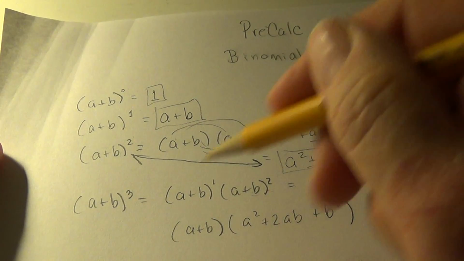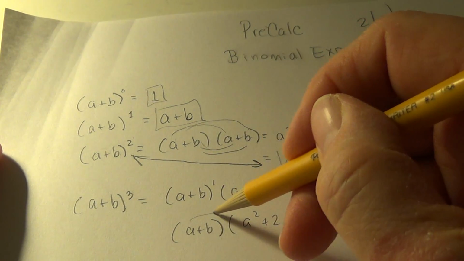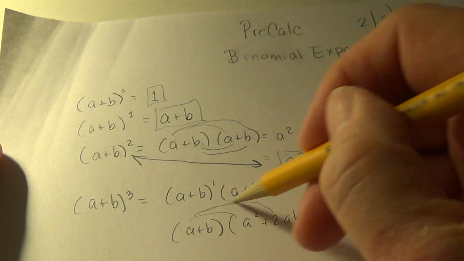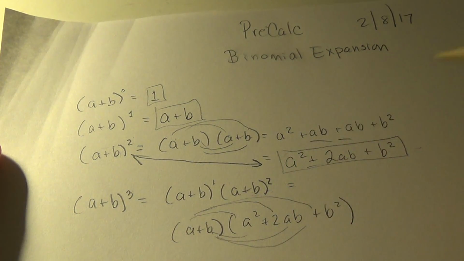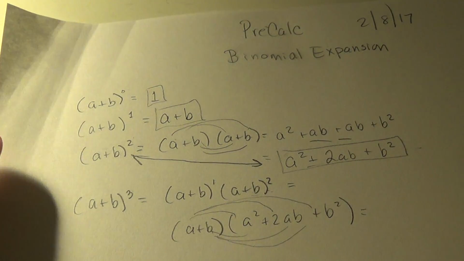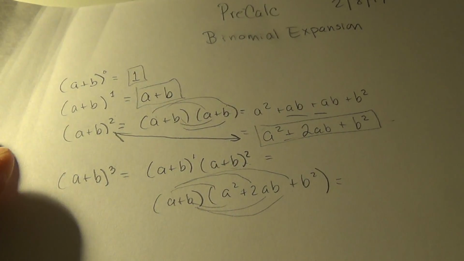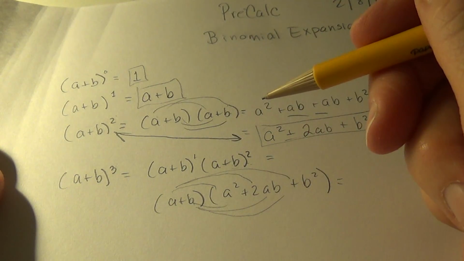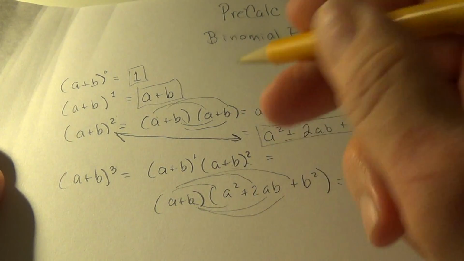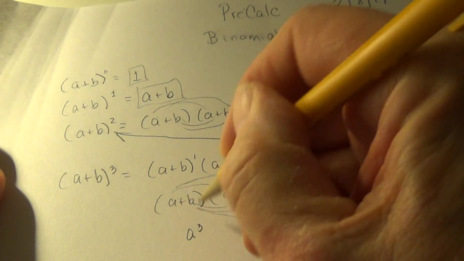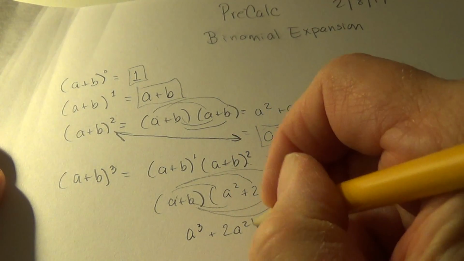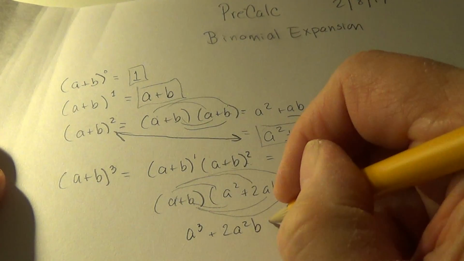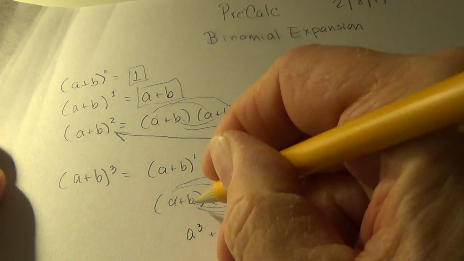Alright, now we have a longer dance. We got 3 steps here and 3 sets there. So, hey, it's going to get worse before it gets better, but it is going to get much better. A cubed, 2a squared b, ab squared.